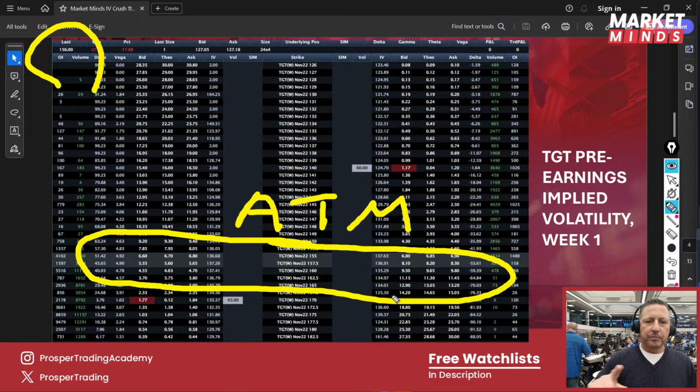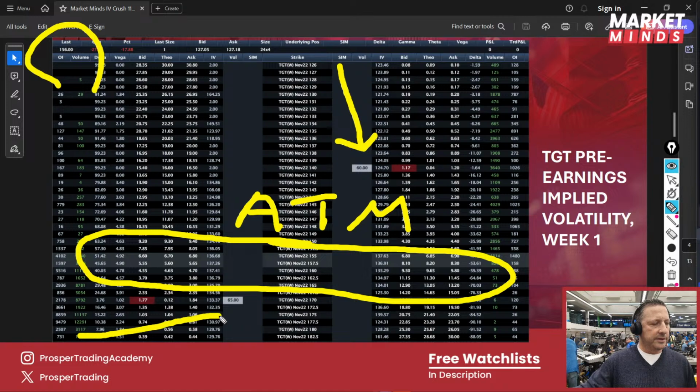Okay. Now, as you can see here, I put in some volatility overrides on those two strikes, the 140 and the 170. Those were the expected move away from where the stock closed yesterday. So the expected move in Target was about 16 bucks or so yesterday.